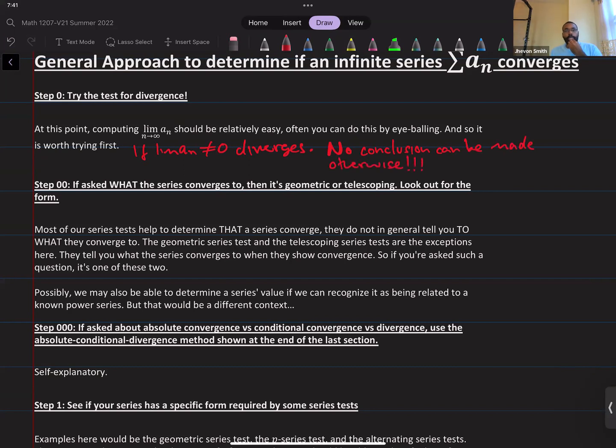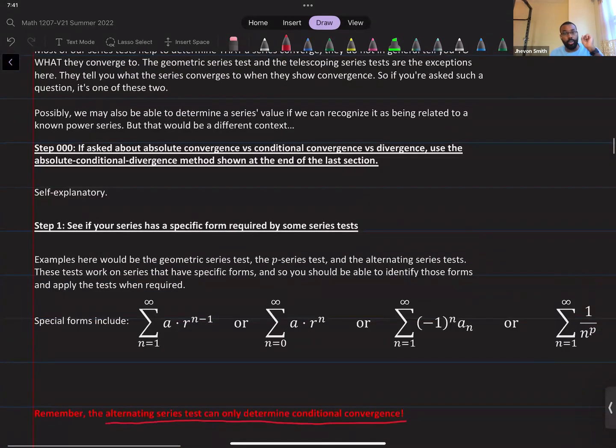The test for divergence can only tell you about divergence, and the alternating series test can only tell you about conditional convergence. So these should be things that you have in your mind. If the problem asks you to talk about absolute convergence, you should know that if you're using the alternating series test, you're not checking absolute convergence. That should just be something you're aware of. But other than that, looking for a special form could help you figure out how you want to approach things.